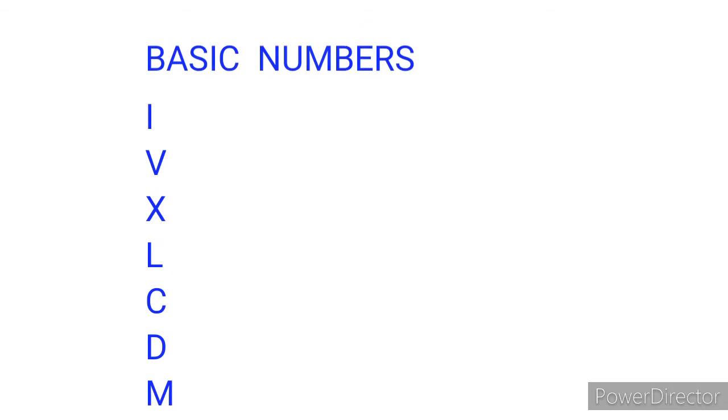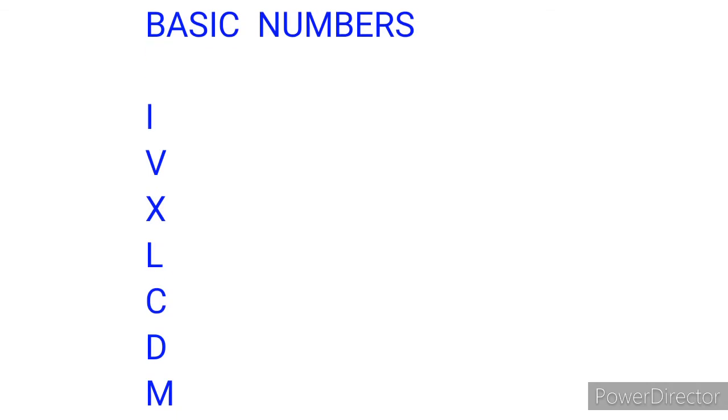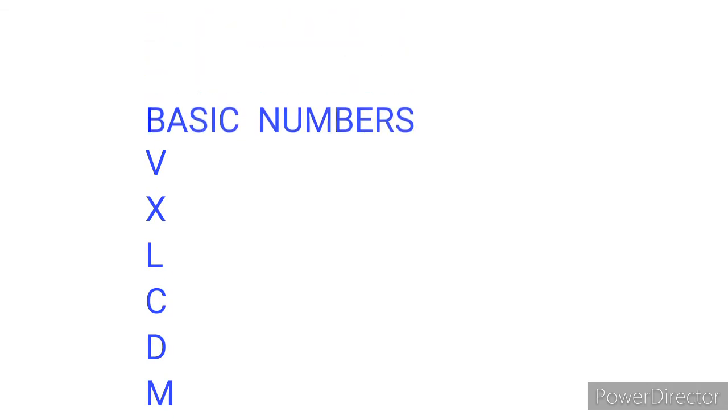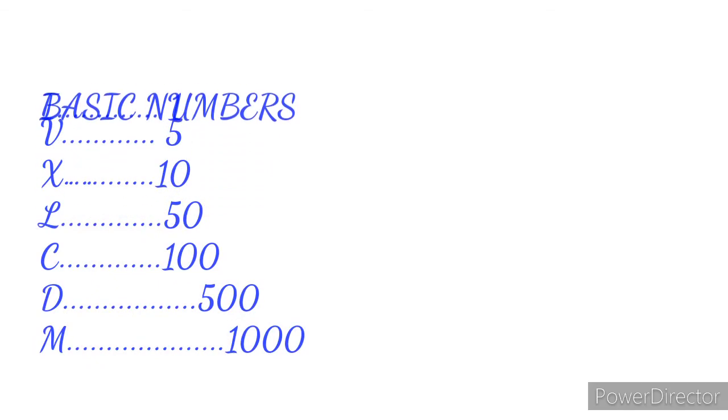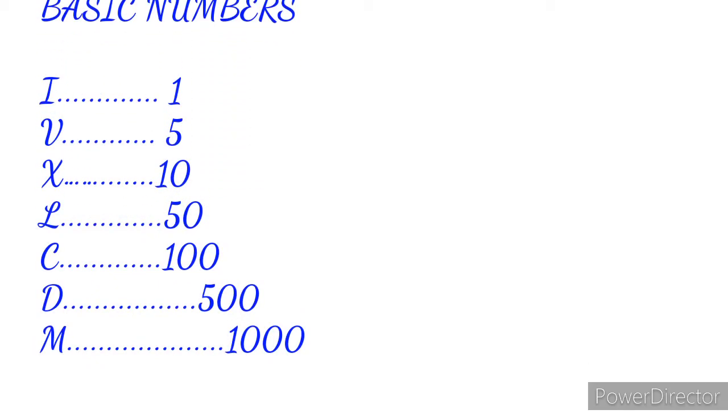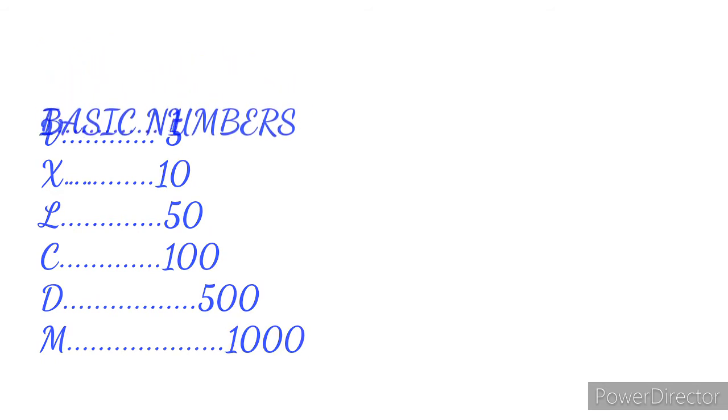The basic numbers are I, V, X, L, C, D, and M. I represents 1, V represents 5, X represents 10, L 50, C 100, D 500, M 1000.